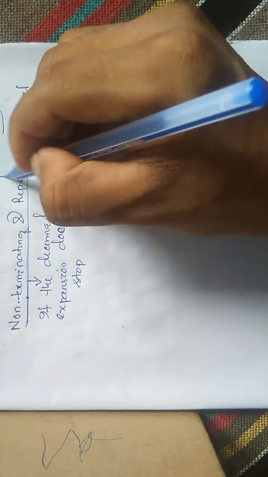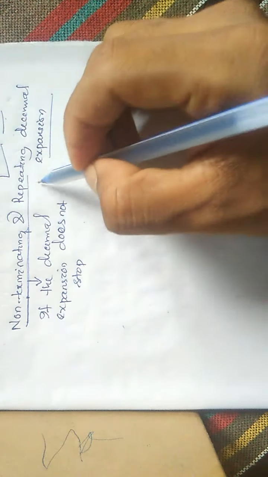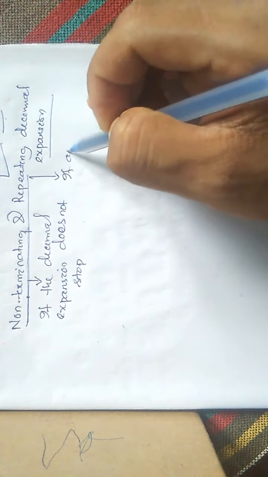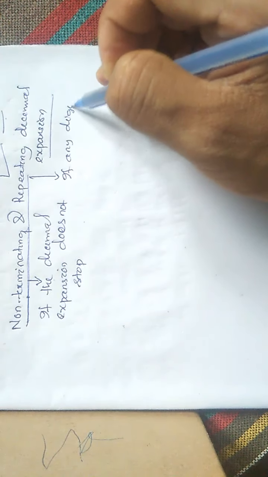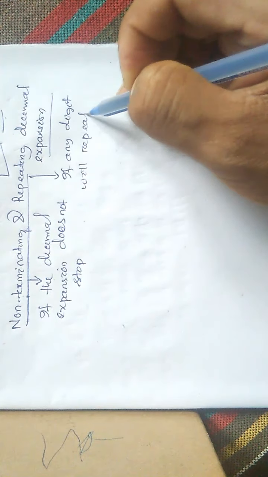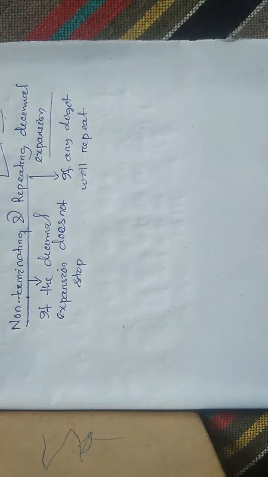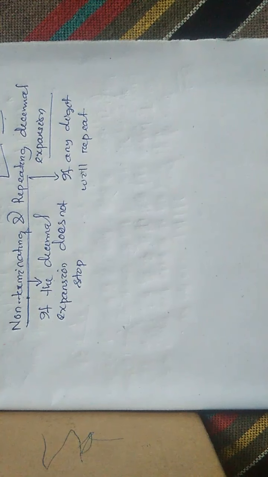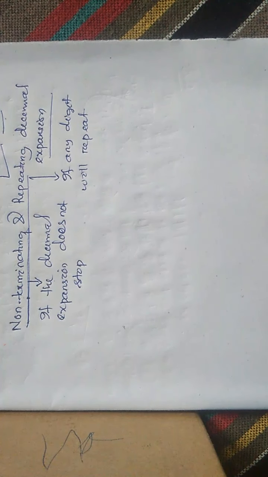And what is the meaning of repeating? Repeating means if any digit will repeat. So if in a decimal expansion, any digit after the decimal point repeats itself, and second thing, the decimal expansion does not stop, then this type of decimal expansion is known as non-terminating repeating decimal expansion.